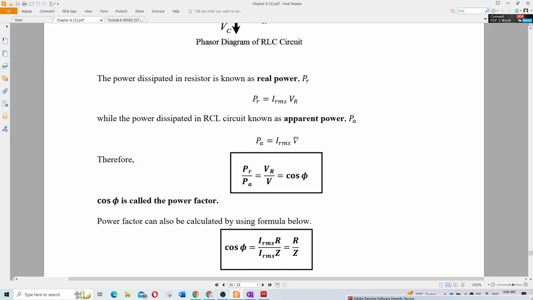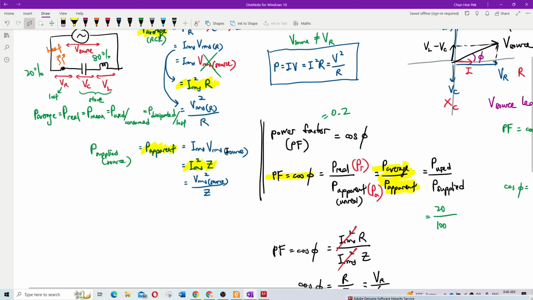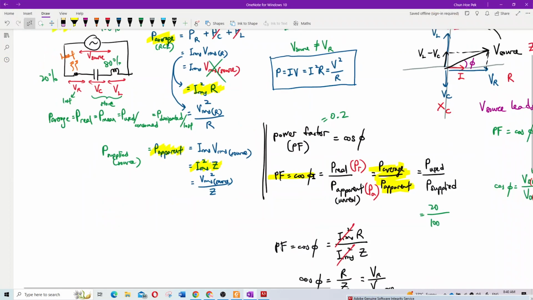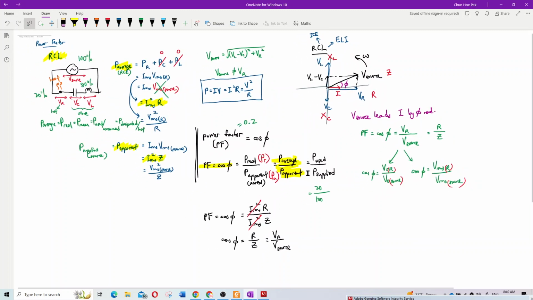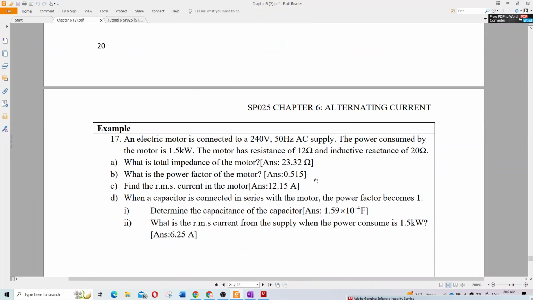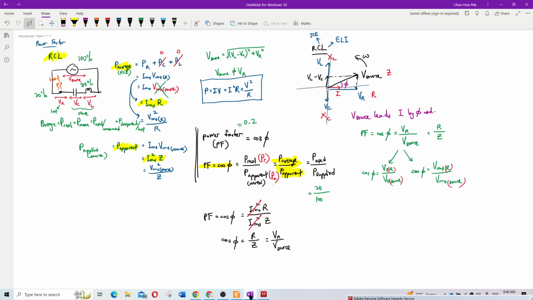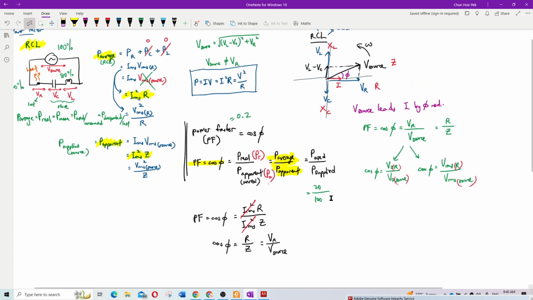Anyway, that's it. Chapter 6 is finished. Now I'm going to continue with the tutorial questions. So that's it for power factor.